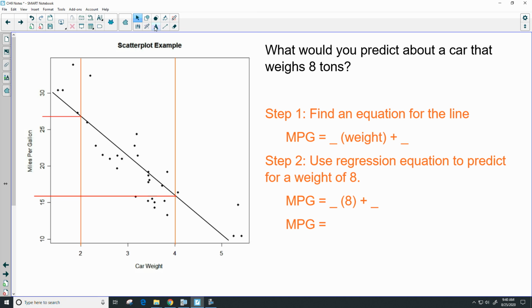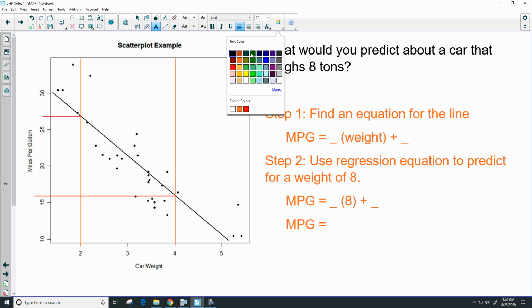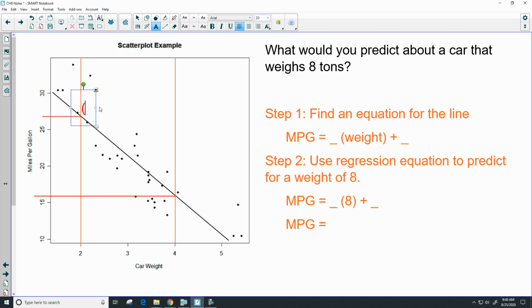Alright, so this point is, what? This is going to be 2, and I would say that height is going to be between 25 and 30, so maybe 26.